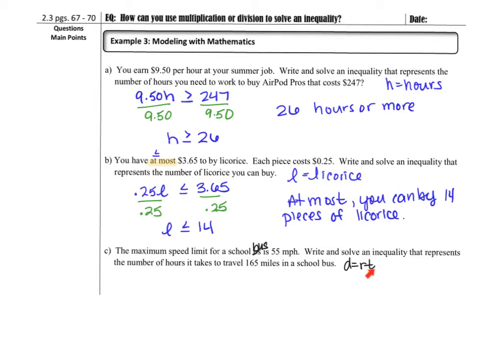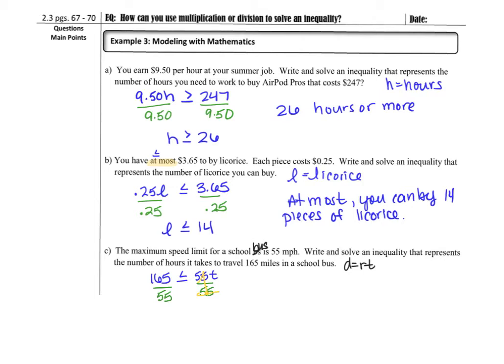So this means that we are going to have to figure out the t. So I know my distance, which was d, is 165 miles, and that has to be less than or equal to my rate, which is 55 miles per hour, and I'm trying to figure out how long it's going to take me to travel that distance at that speed. So to solve for t, we're just going to divide by 55 on both sides.